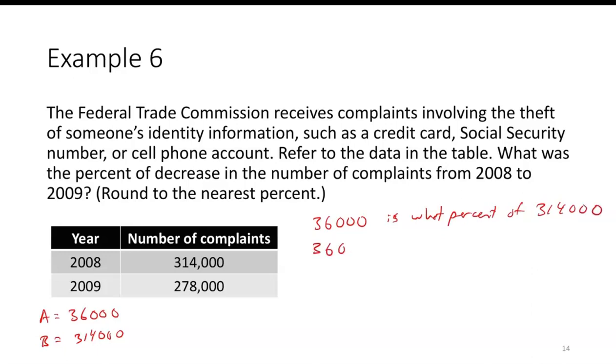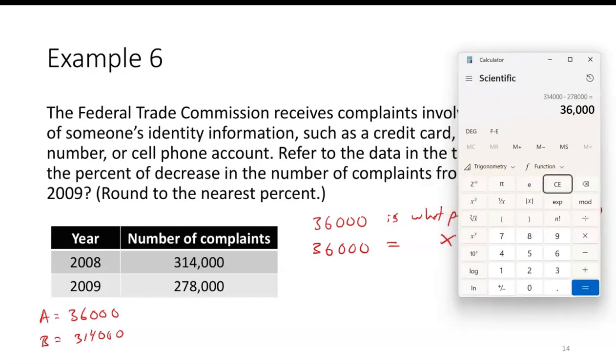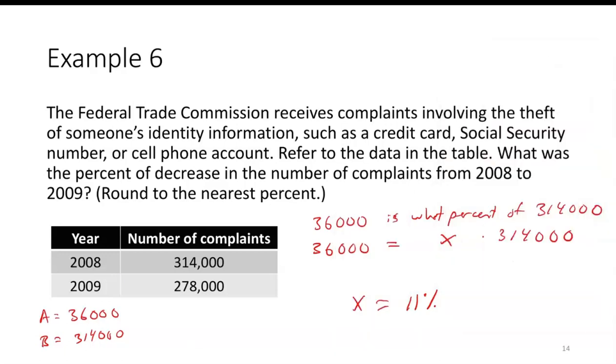So 36,000 is equal to x times 314,000. So as before, we would divide. 36,000 divided by 314,000, we get 0.115. So to the nearest percent, that would be 11%. So there was about an 11% decrease in the number of complaints.